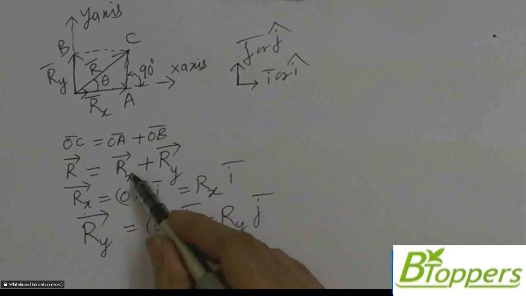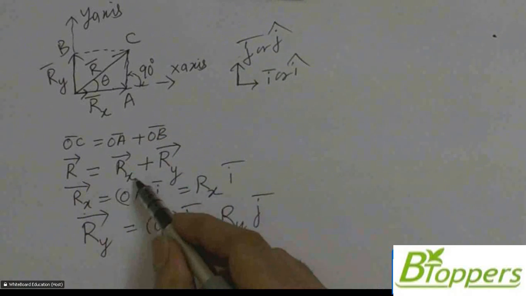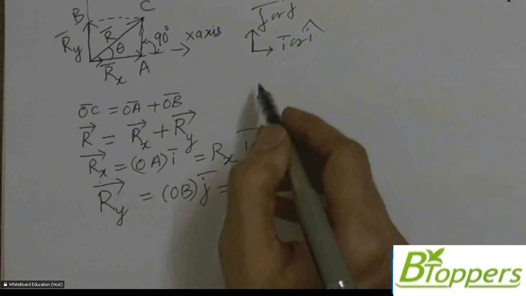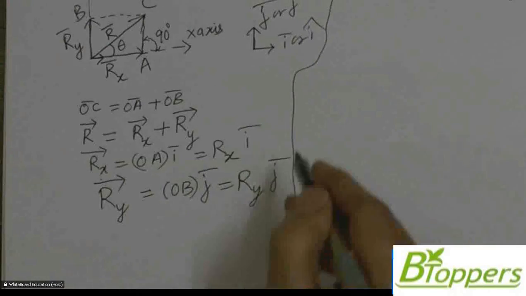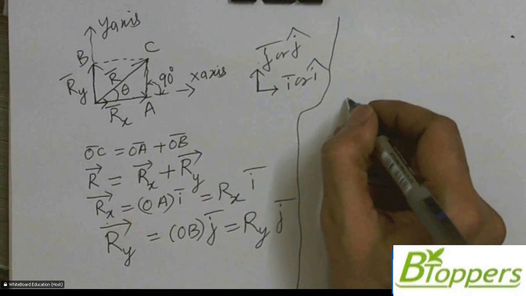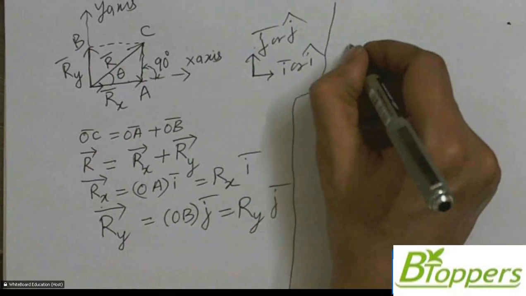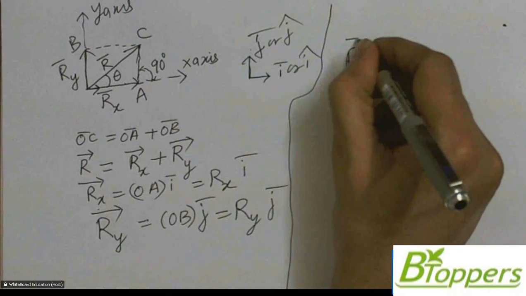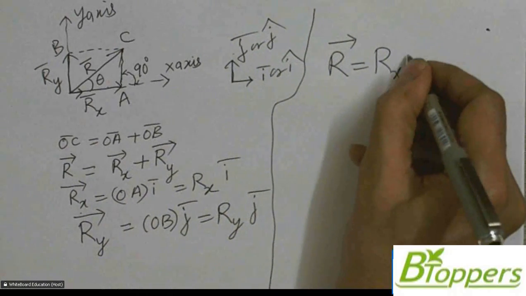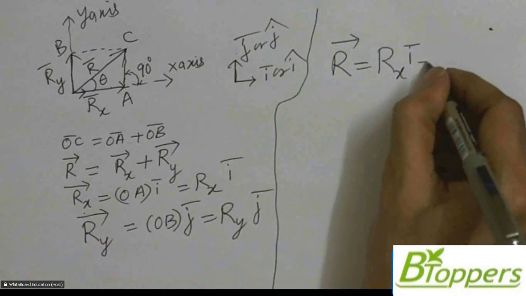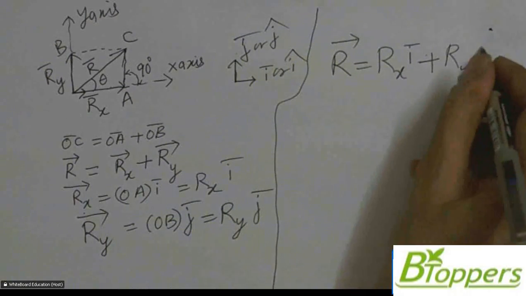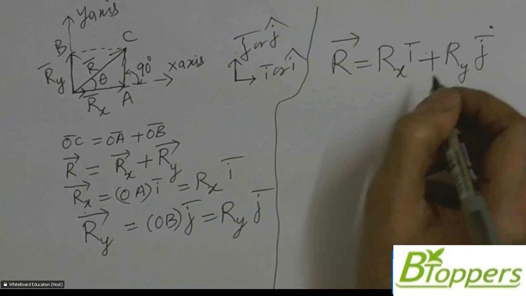So you can substitute in this equation Rx bar equal to Rx I bar and Ry bar equal to Ry into J bar. Therefore, in 2 dimensions, the vector R bar can be expressed as Rx into I bar plus Ry into J bar.